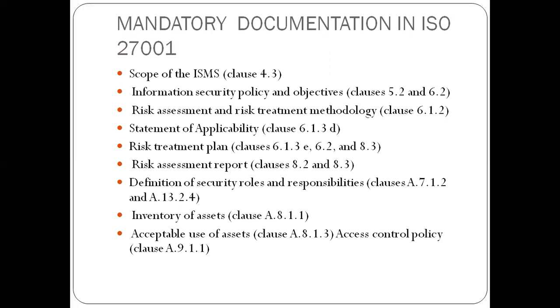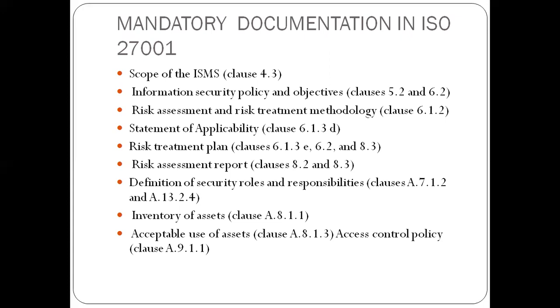You'll find that in Annex A.7.1.2, where A means Annex A, and Annex A.13.2.4. This refers to the fact that you need to have an organogram of information security in the organization implementing 27001.